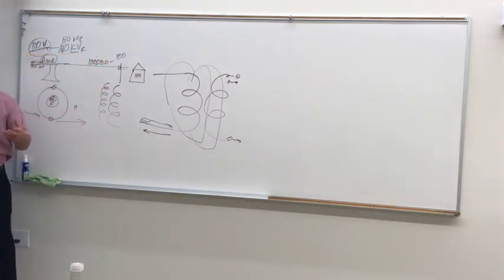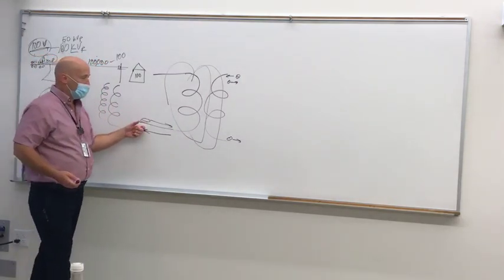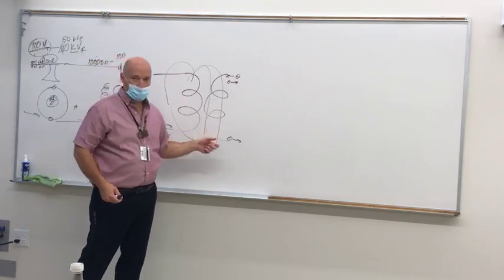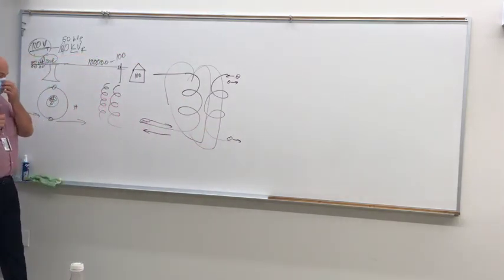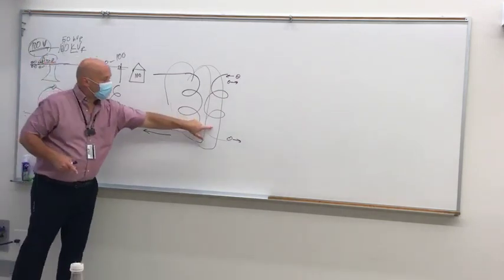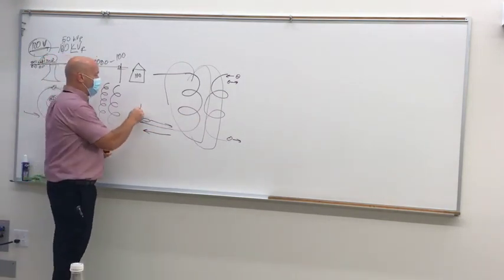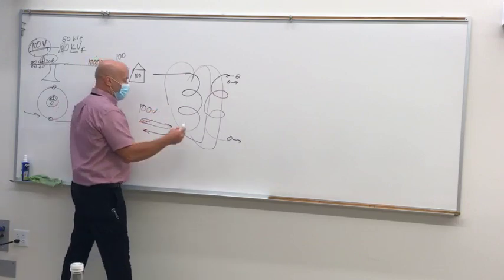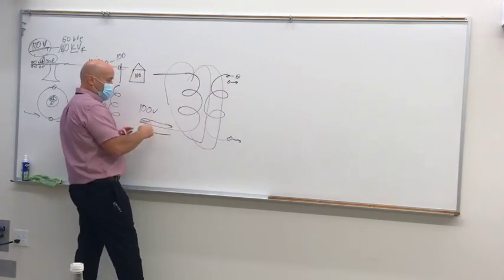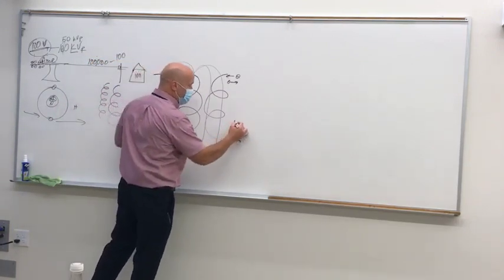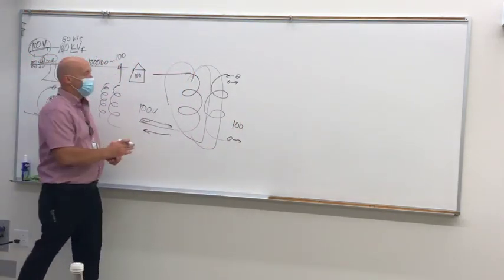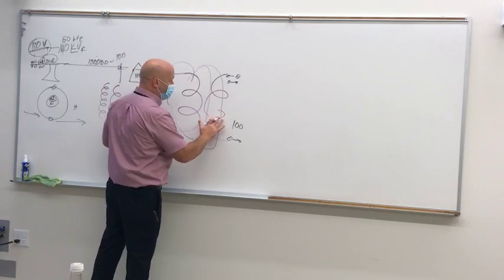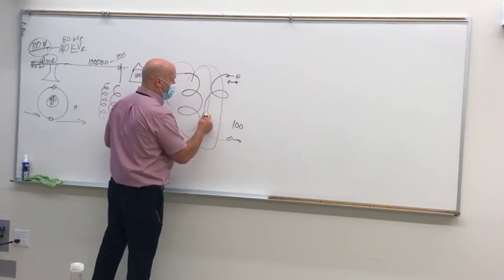Big deal, right? You used electricity to create magnets to create electricity. Well, it is a big deal, and here's why. In this example, if we used 100 volts with the current that we're using, then we would get 100 volts over here. But let's say I used a coil of wire over here.